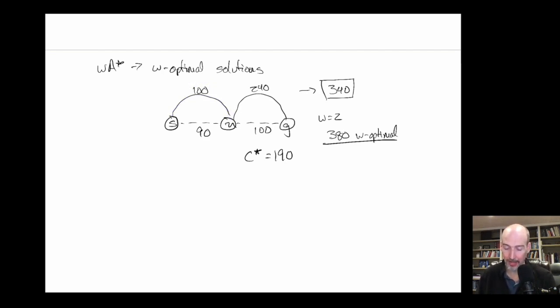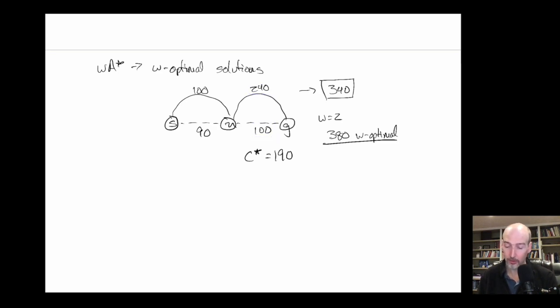We could have actually had a path of 180 here. And similarly here, there is an edge of cost 100, and there is a path of 240. What we would see is basically that this path is more than twice the cost of this path down here. And so weighted A star isn't actually allowed to find this path.